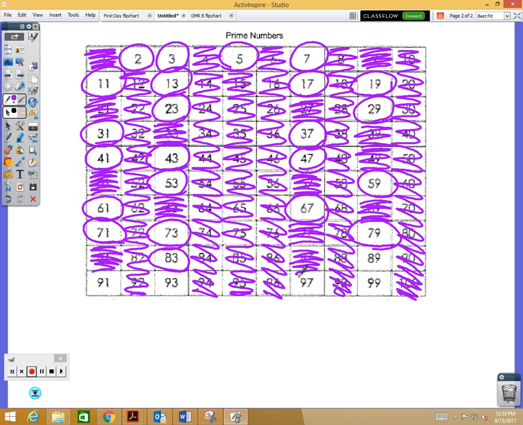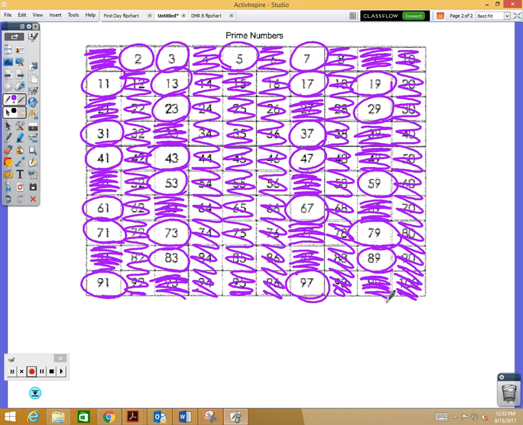Prime. 91. Prime. 93. 9 plus 3 is 12, which is divisible by 3, so it's composite. 97. Prime. 99. Why?